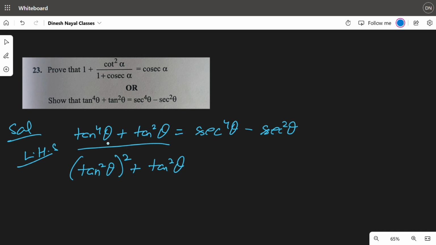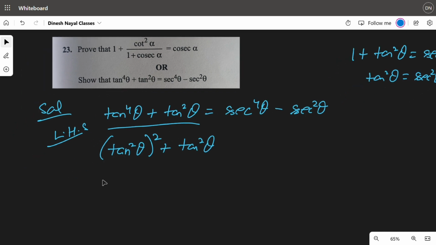Now again, if you remember the identity, 1 plus tan square theta equals sec square theta. Now you can write tan square theta as sec square theta minus 1.